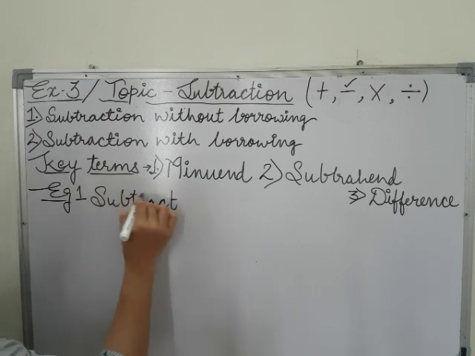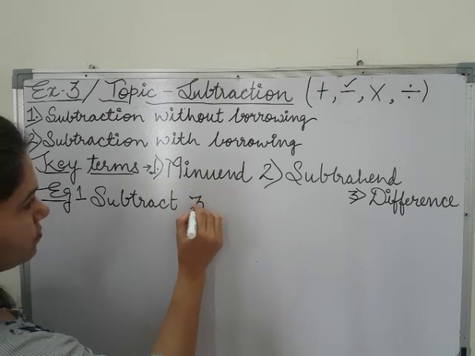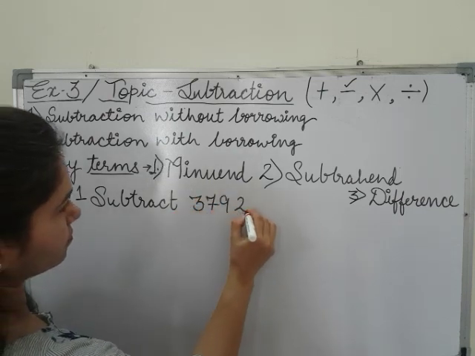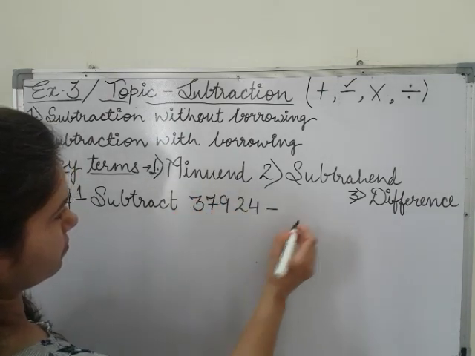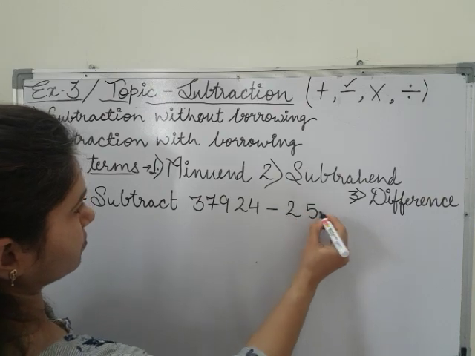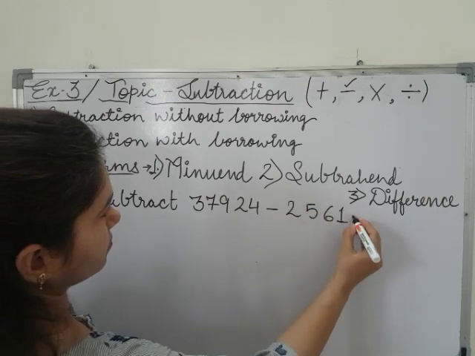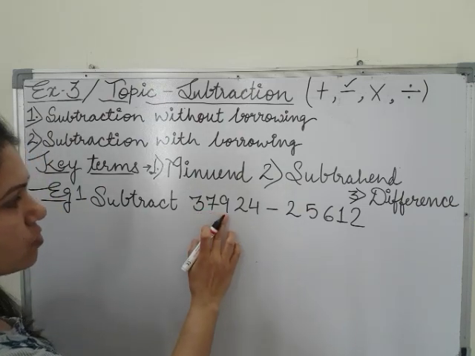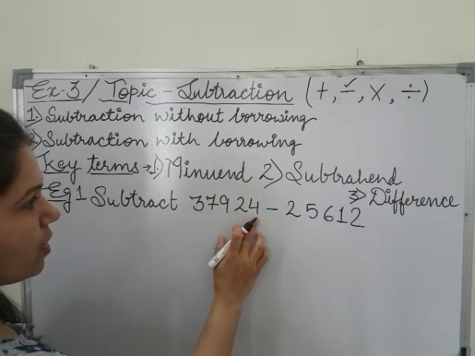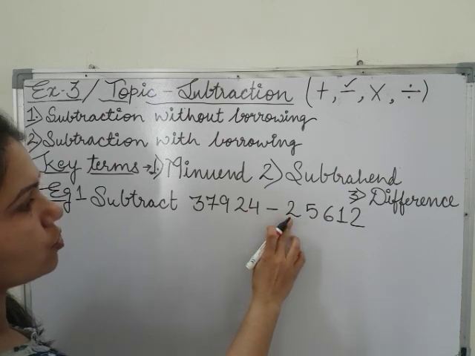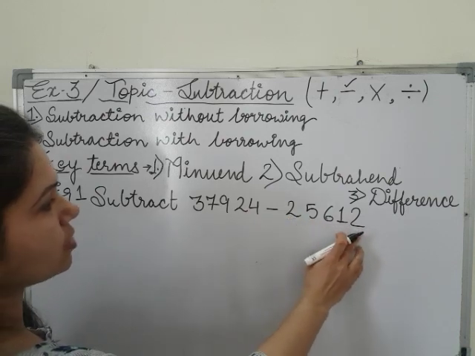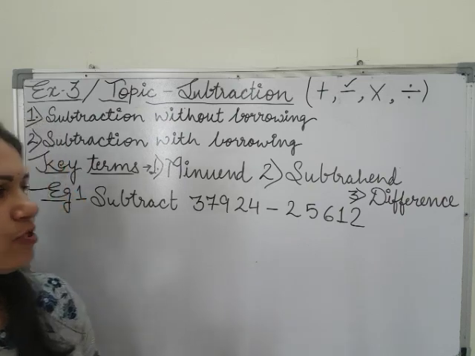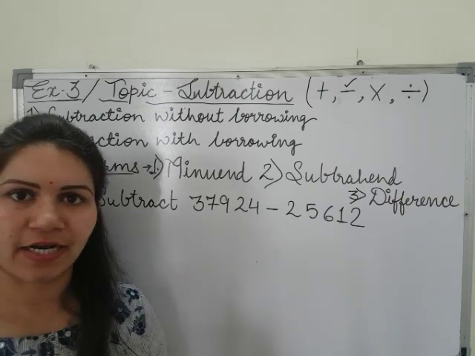Subtract: here the first term is 37,924 and the second term is 25,612. So we will do the same procedure as we have done in the addition.